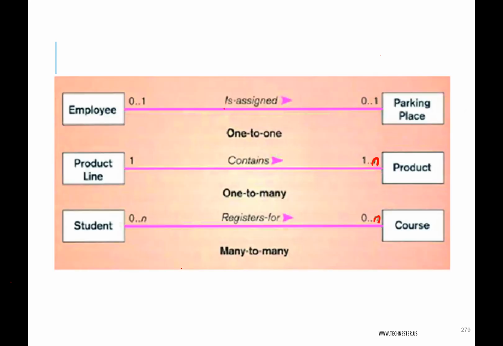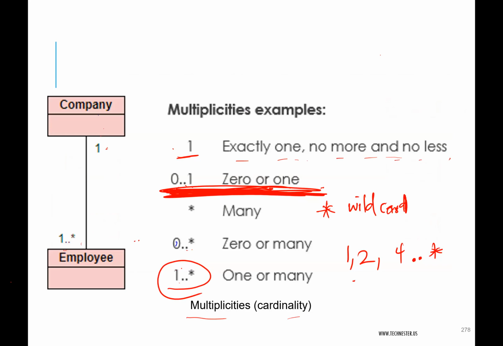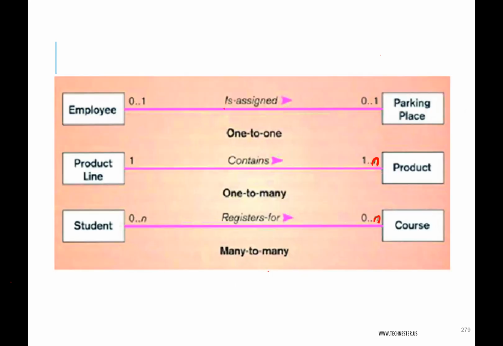Okay. So one product line, sorry, let me see the slide again, please. The previous slide. Product line contains one and many. What does that mean, many? One or many, sorry. One or many, yes.